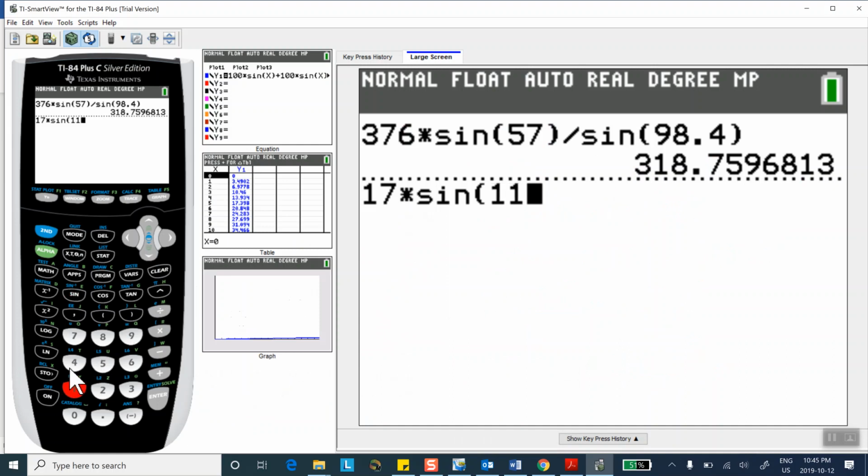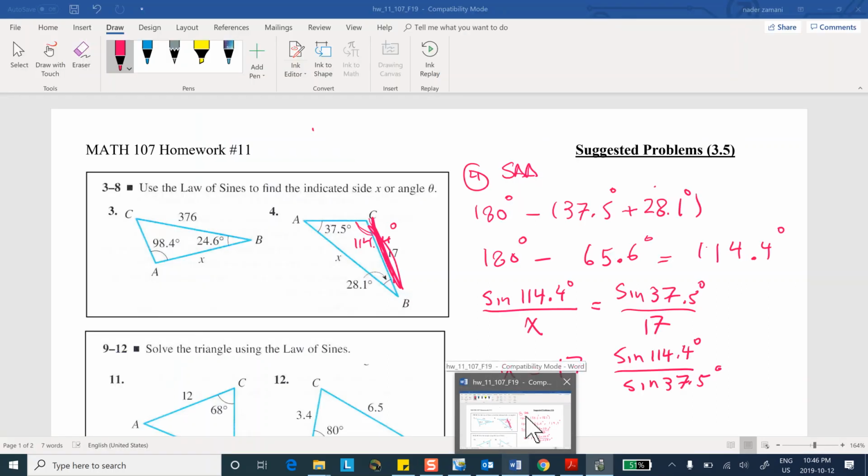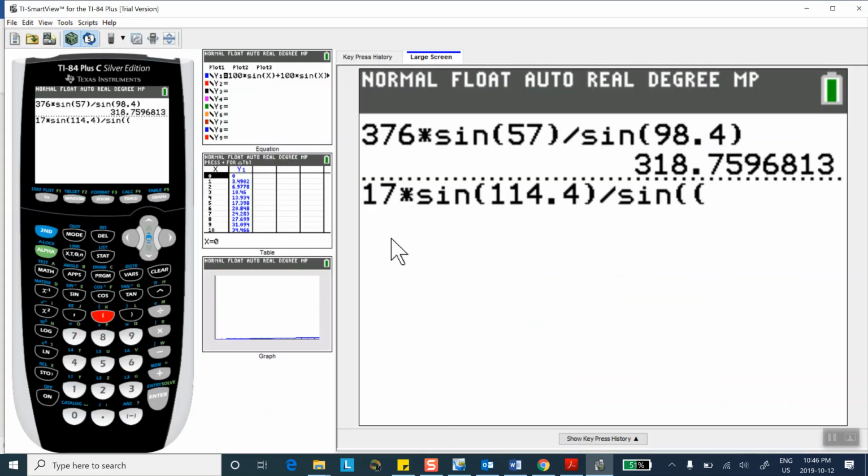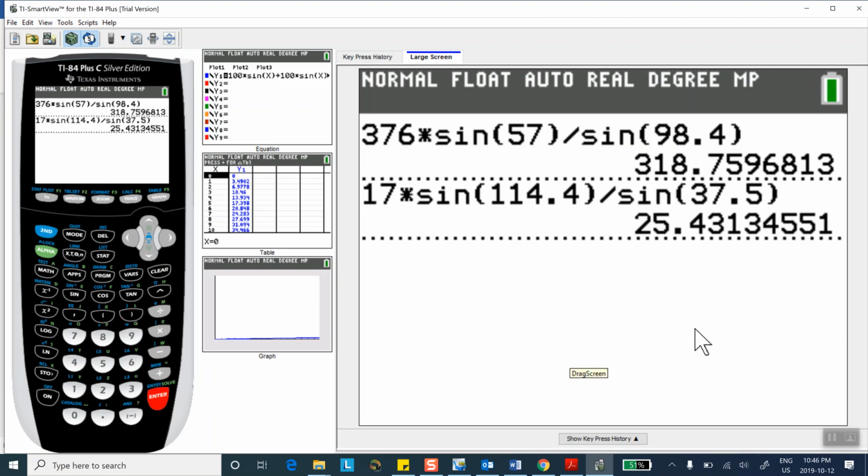So that's 114.4, close the parentheses, divided by sine of 37.5. Close the parentheses and hit enter, and we're going to get 25.43.